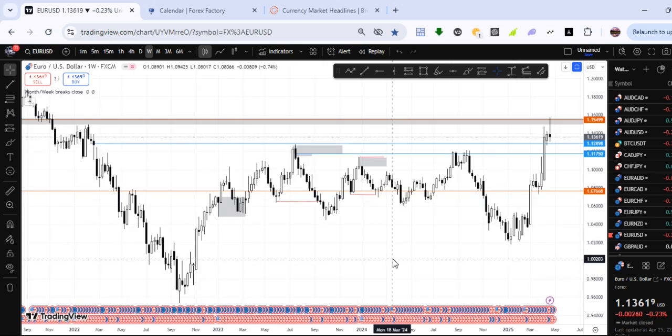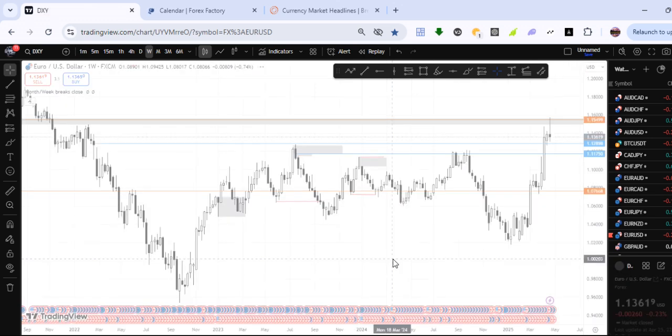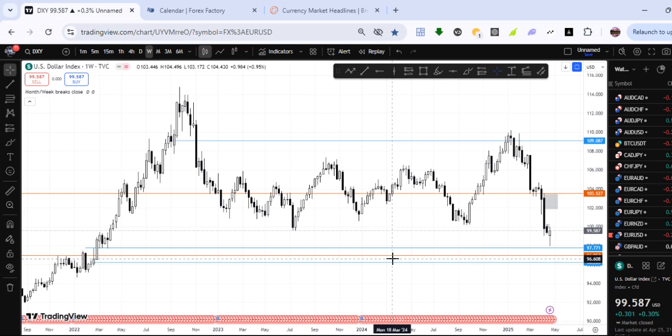The Dixie is still bearish, and I was expecting the Dixie to come to the 96, 95 area first. So this is a downtrend, lower low. Can we say we're looking for a lower high, or would we continue lower a little bit?